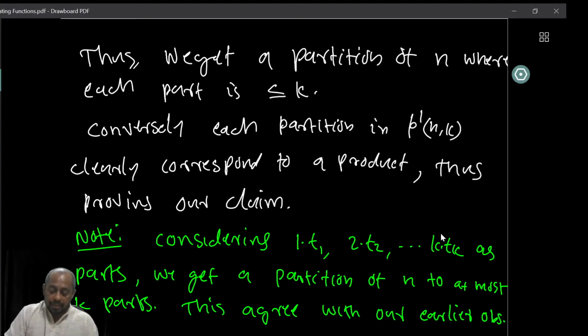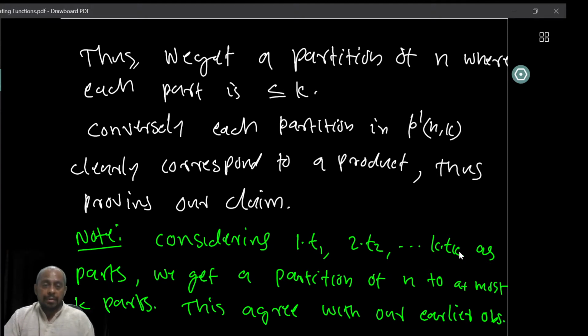So in that case, you will get a partition of n, because the sum is going to be n, into at most k parts, because each one is basically the number that you are looking at. So therefore, this should also be in bijection with the thing, right? Because this defines a partition of n into at most k parts.